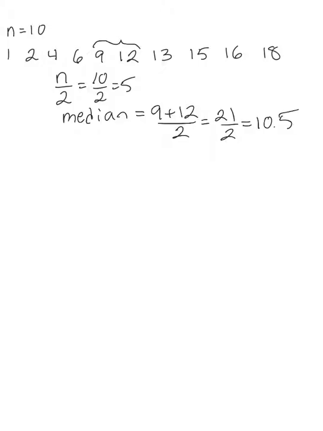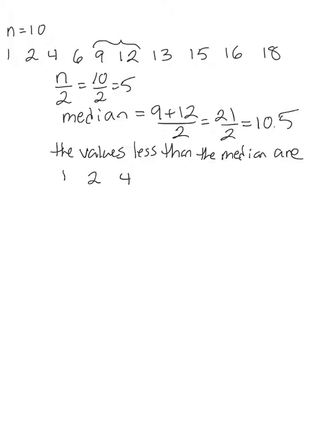In order to find the 25th percentile, we need to take all of the values that are less than the median. Now the values that are less than the median are 1, 2, 4, 6, and 9.